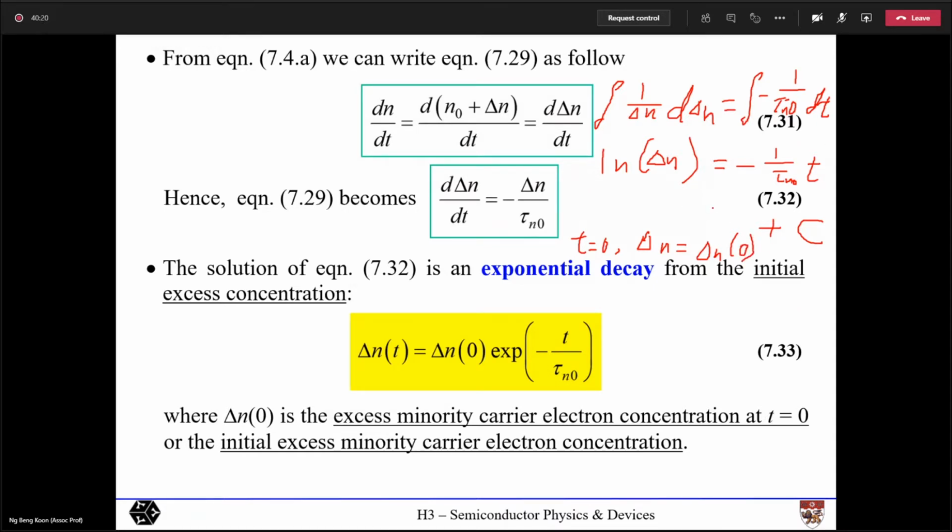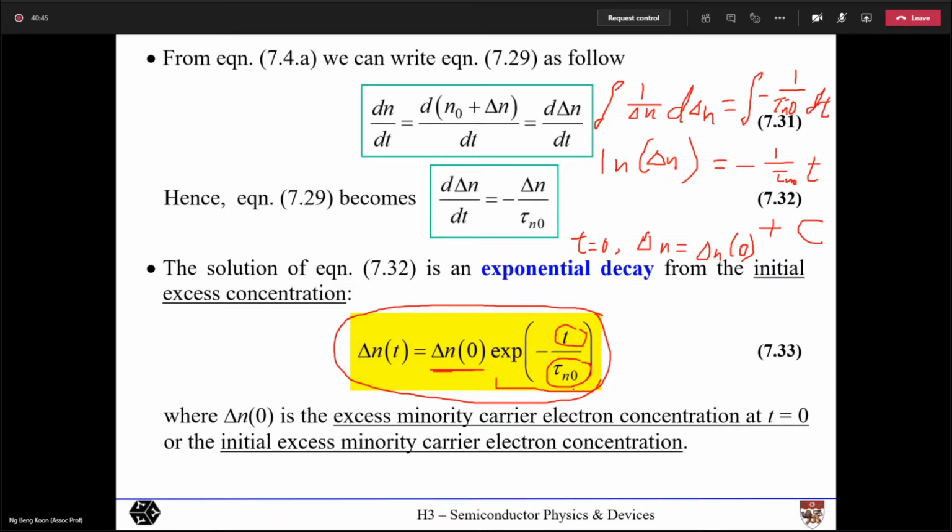If you substitute into this solution and find out what c is, the final solution for delta N as a function of time will be this, where delta N of t is equal to delta N at time t equals 0 times an exponential. We just switch off the light, and you notice that it decreases exponentially with time.